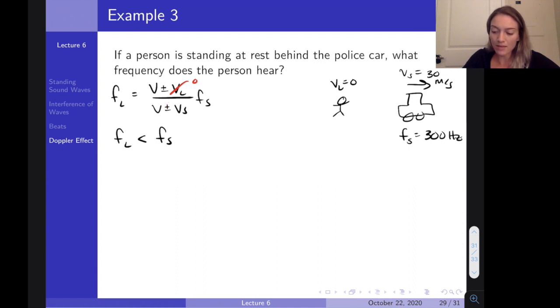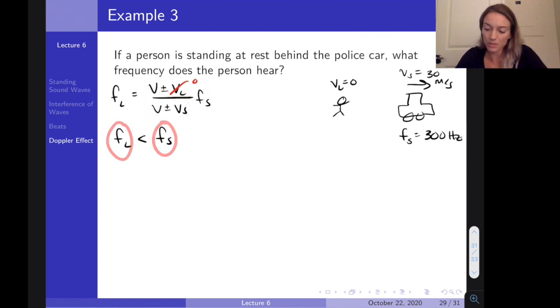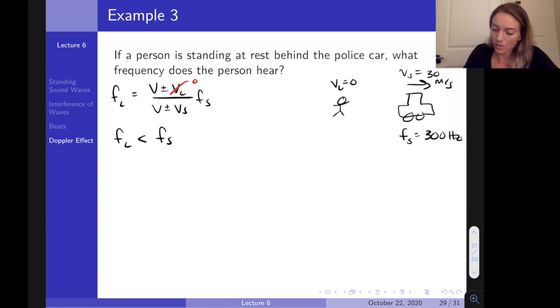Because we have to have V divided by some bigger number, we need to multiply the frequency of the source by a number less than 1 in order to have FL less than FS. So this will be a plus. So we're going to have FL is V over V plus V source, F source, and that is the velocity of sound.